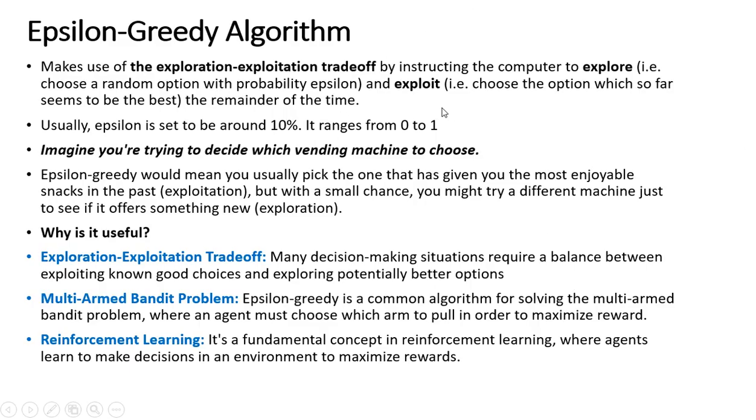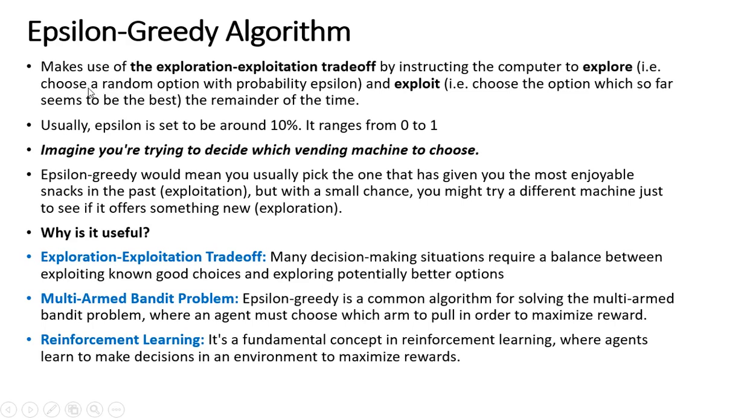So there's one more extension of that. The extension of the greedy algorithm is the epsilon greedy algorithm. The greedy algorithm was basically employing only an exploitation based approach. But the epsilon greedy algorithm will make a trade-off between exploration and exploitation. So the use of this algorithm is that it applies both concepts.